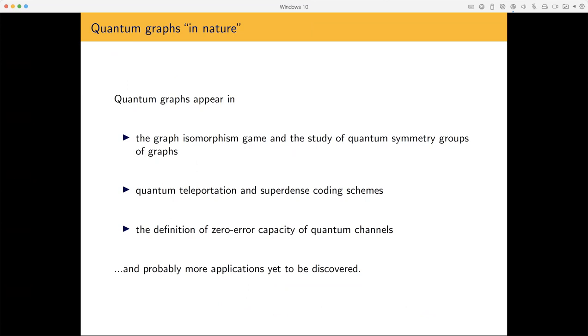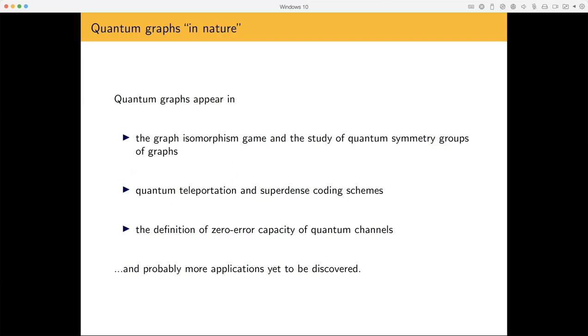And then there are ideas from quantum information theory where these quantum graphs appear. I won't get into the details there, but just to say that there is independent interest in studying these beasts. And at the same time, there are plenty of interesting questions you can ask.